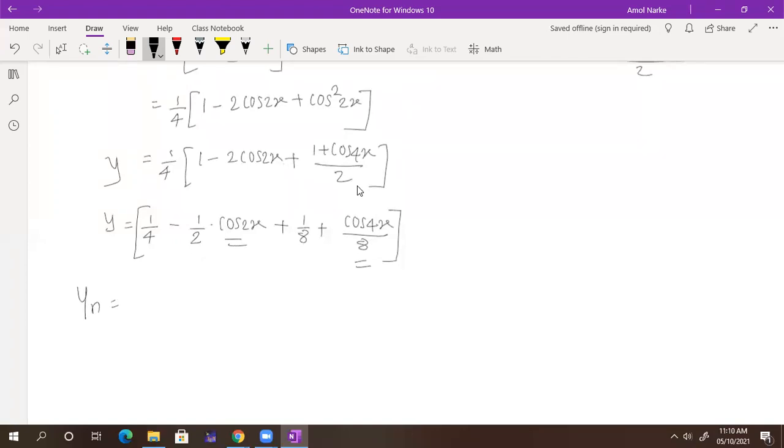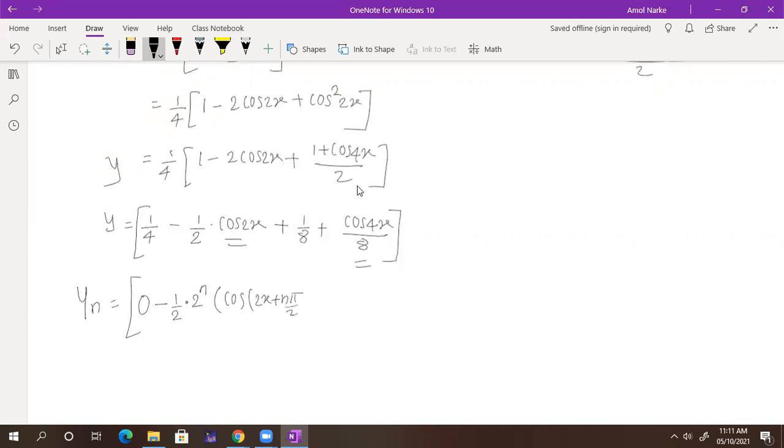Tell me now. What is the nth derivative of 1 by 4? What is the nth derivative of a constant? Yeah, it is 0. First derivative, it becomes 0. Forget about the last one. So 1 by 2. What is the nth derivative of cos now? 2 raised to n cos of 2x plus n pi by 2.